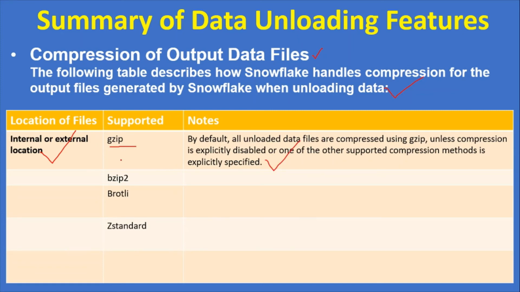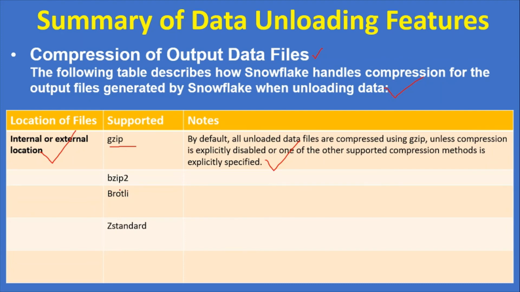So if you don't specify while unloading the file, by default the extension would be gzip, that means compression. If you don't want that, you can disable it, or if you specify something other than that, the file will be unloaded in that extension. There are some other compression types, but I never used these.